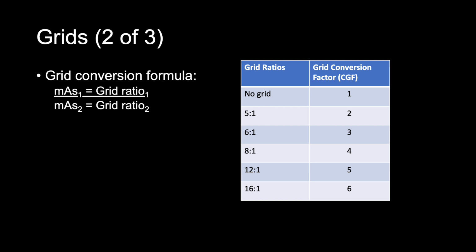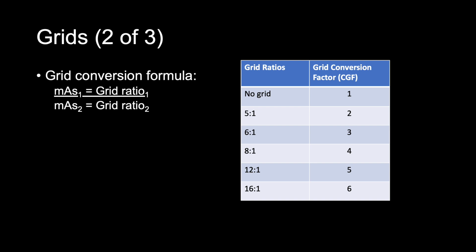You would have 2 mAs as mAs 1, and then we're solving for mAs 2. For grid ratio 1, we would have 1 because we were not using a grid. But now we're looking for our new mAs because we're going to add a 12-to-1 grid. So then we look there, 12-to-1 grid is 5. So our grid ratio 2 would be 5.